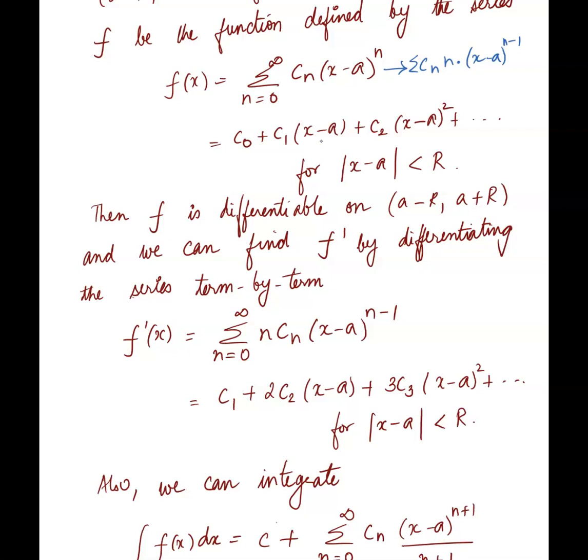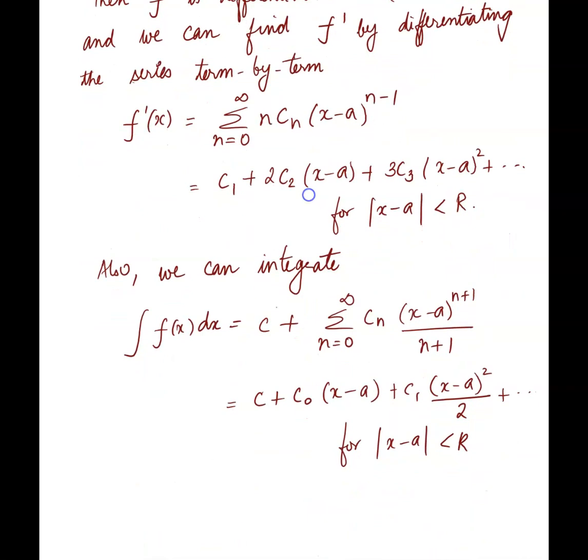We are trying to give it to you in a collective manner here, but you can definitely do it step by step by first expanding f of x and taking the derivative of each one of them. This will be 0, c1 plus c2 times 2 times x minus a, and so on, right? So that's what you have here in the expanded form. Remember, this time the interval is not negative 1 to 1 as we saw previously, but it's based on the r, the radius of convergence.